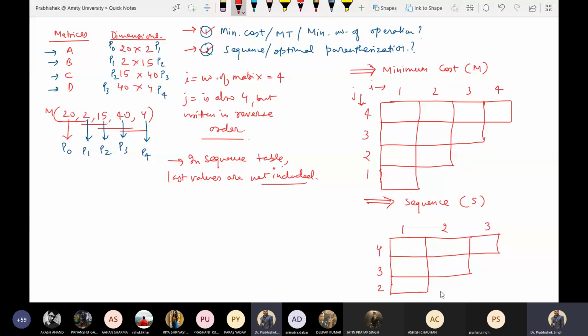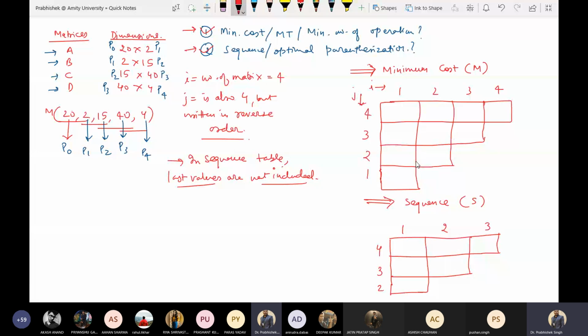So you can see this is the sequence table. If you compare the minimum cost table and the sequence table, there is one difference. The rest of the things are absolutely the same, but the last values are not included, which I have written here also.